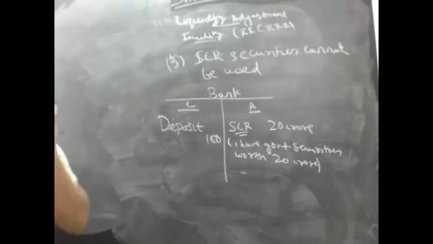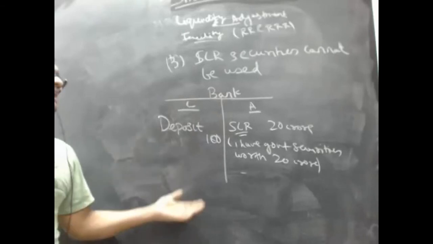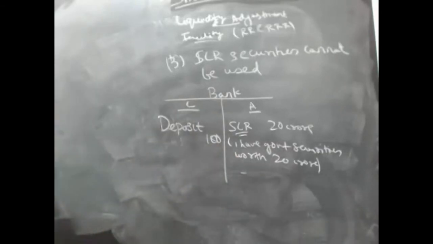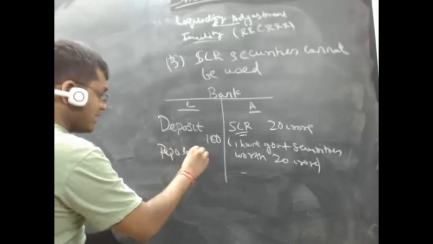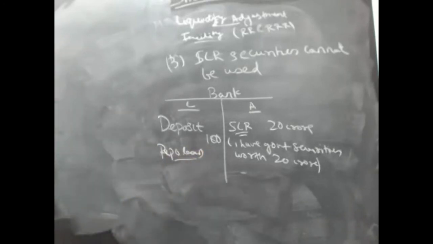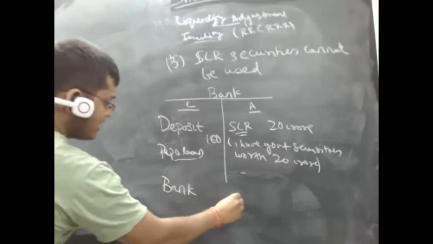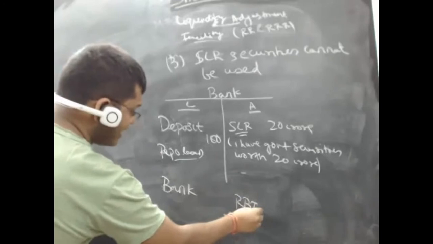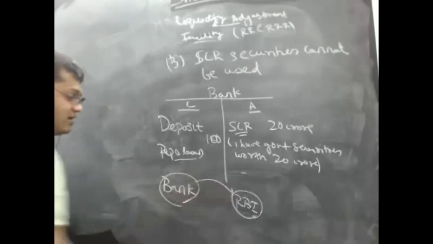If this bank wants to take a loan from RBI, will it come on the liability side or the asset side? Liability side. In order to take this repo loan, it needs to give government securities to RBI.